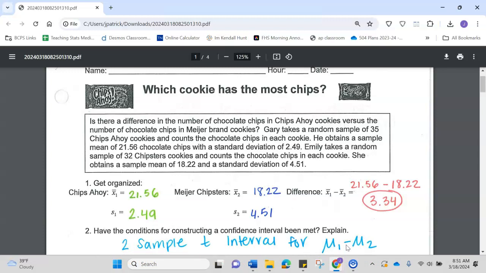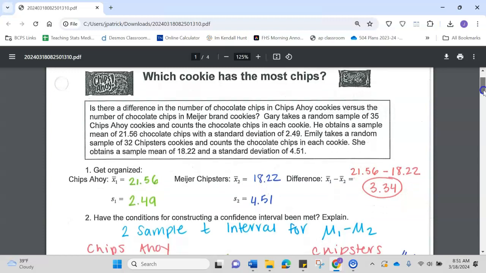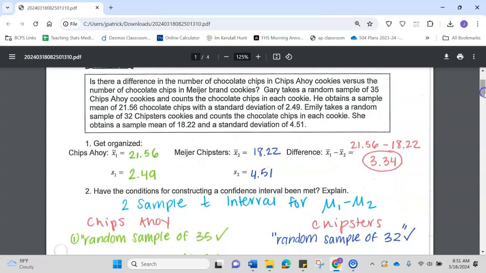Let's try and get the conditions checked for Gary's sample and Emily's sample. It's stated that both of them are random.